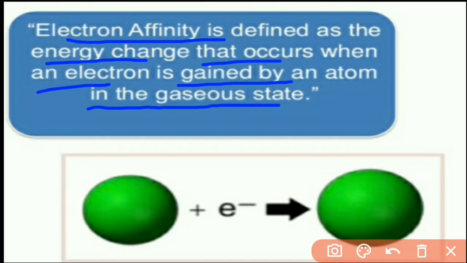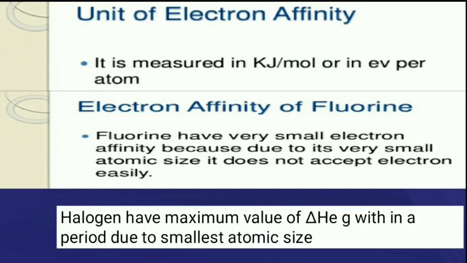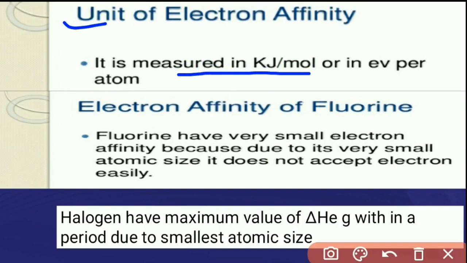So, when a neutral gaseous atom takes up an extra electron in its valence shell to form an ion, the enthalpy change during this process is called electron gain enthalpy. The unit of electron affinity is kilojoule per mole or electron volt per atom.